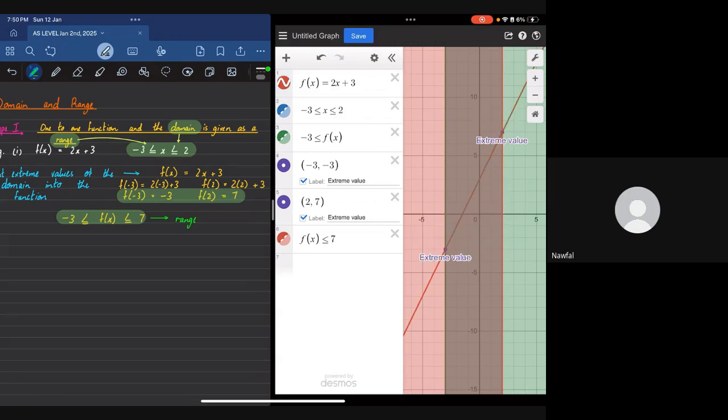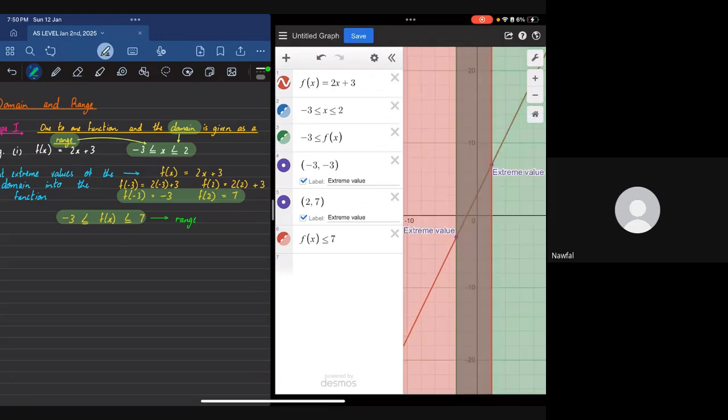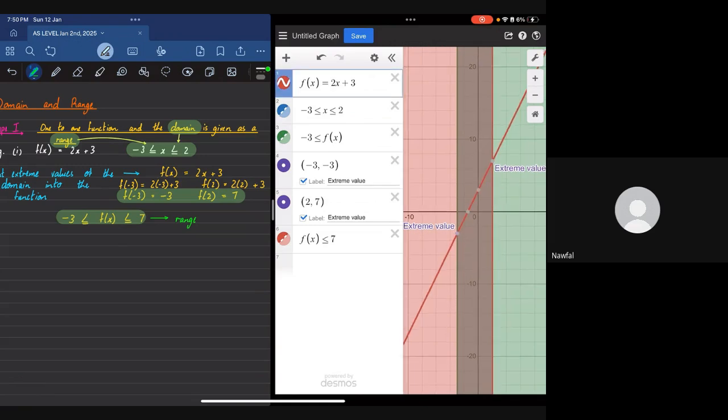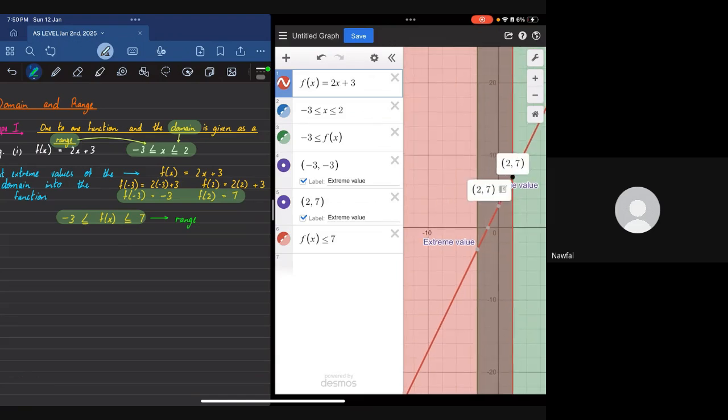My range is the darker region in the middle, and my domain is the values on the x-axis, from which point I can take what sort of inputs. All the values that exist in between are your range values.